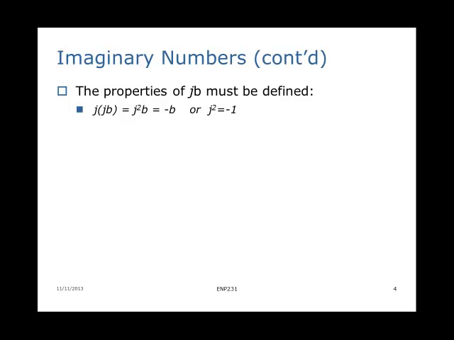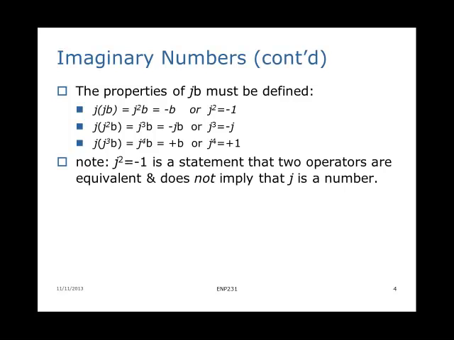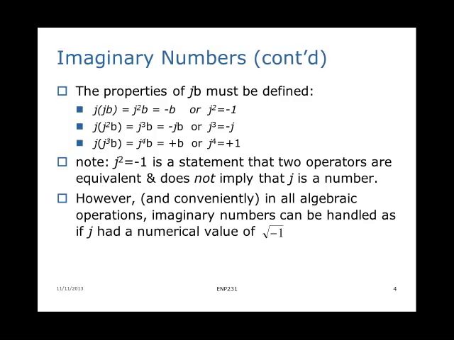This leads us to being able to write J squared is equal to minus 1, or J cubed is equal to minus J, or J to the fourth as plus 1. But the statement J squared equals minus 1 is really a statement that two operators are equivalent, and does not imply that J is a number, although we do think of it that way, and that's probably how you learned it when you studied complex math in high school.